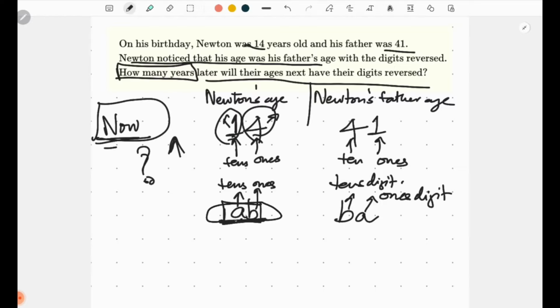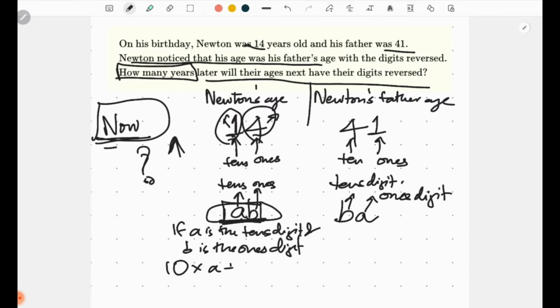Okay, so if A is the tens digit and B is the ones digit, then what is Newton's age? It's going to be 10 into A plus 1 into B, right? So that is 10A plus B. Say this is his age a few years later, okay?